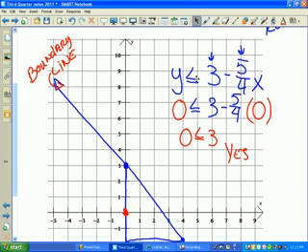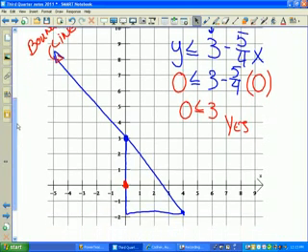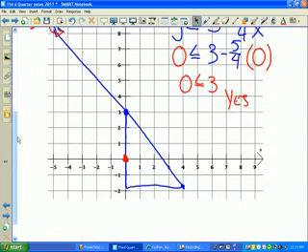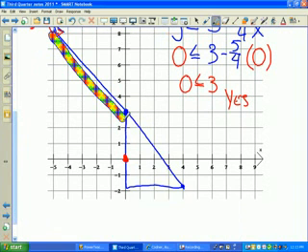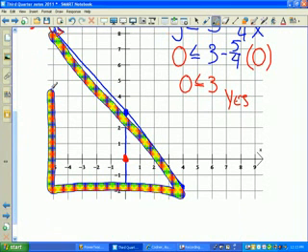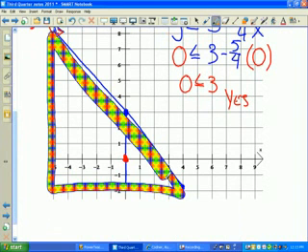Since it is a true statement, this is the part that everyone loved today, I'm going to shade the side that contains that true statement. My (0, 0) is on that bottom side. I know, right? It's fun. Look at the color.